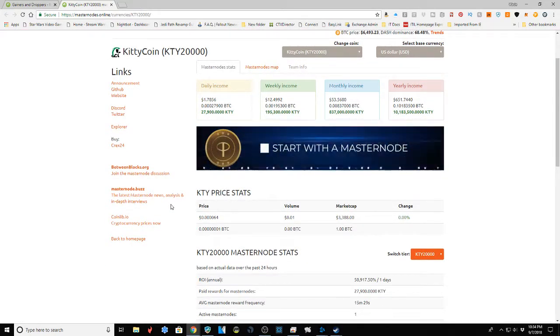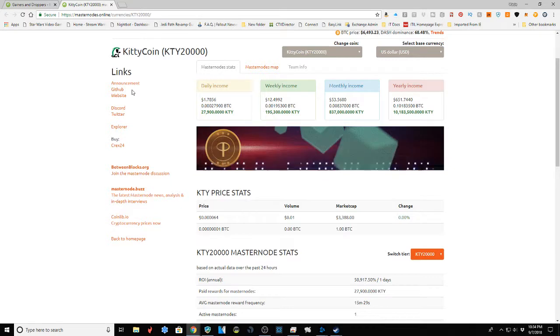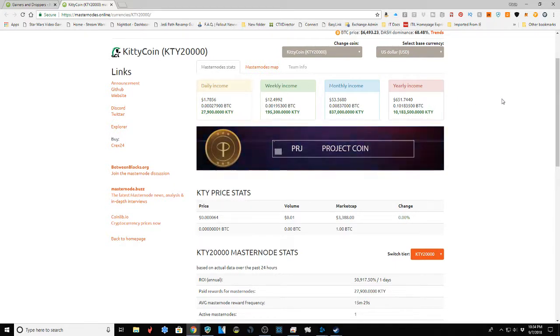I bought a coin called, I don't even want to say because I don't remember exactly which one it was, without doing these steps. It had reasonable daily, weekly, monthly, yearly income.